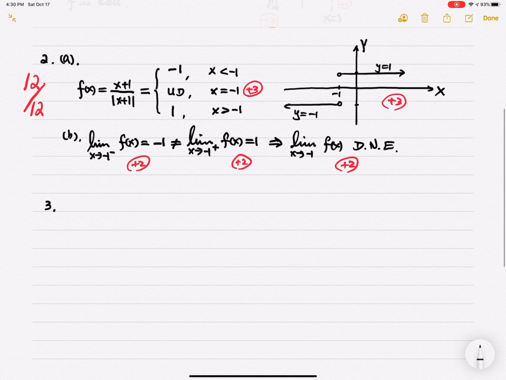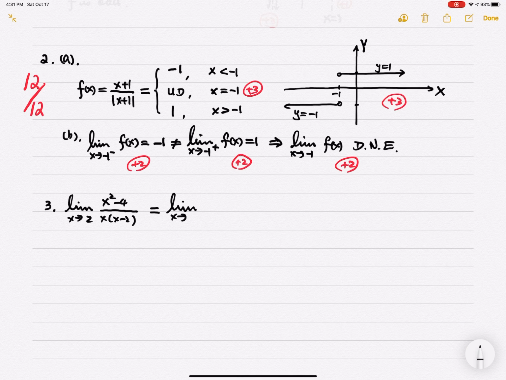Problem number 3 asks you to find a limit. So here is the limit as x approaches 2 of (x squared minus 4) over x times (x minus 2). Well, we cannot plug in the value because the denominator equals 0 and the numerator equals 0, so we have to do some algebra.